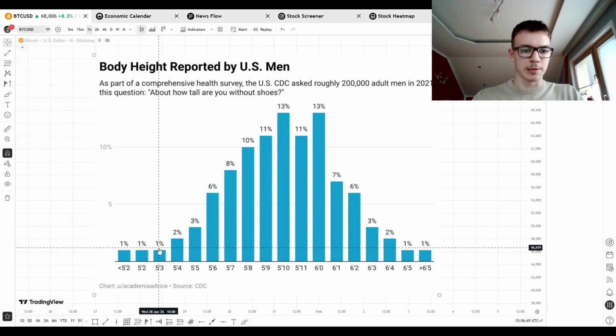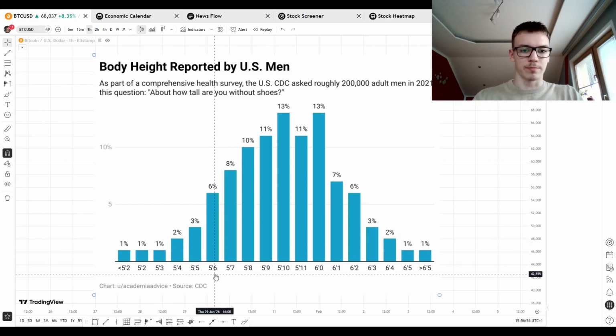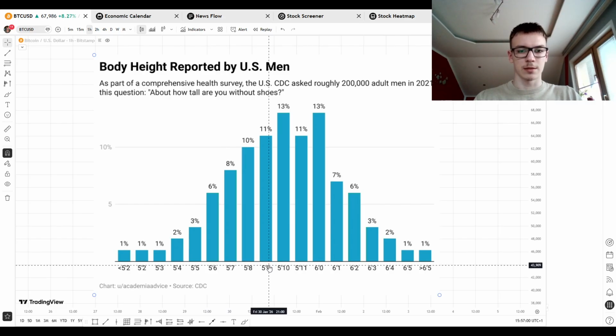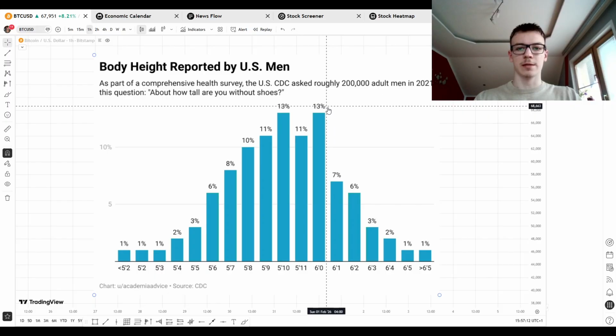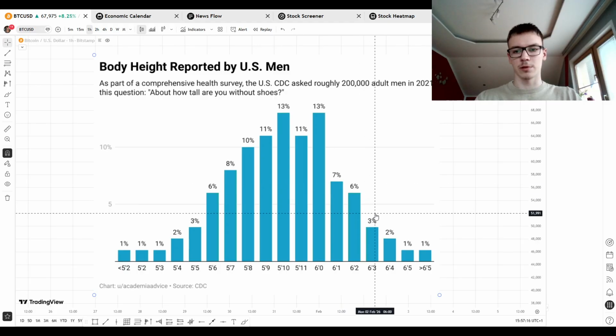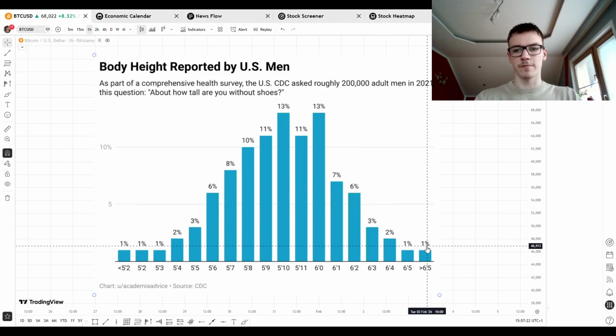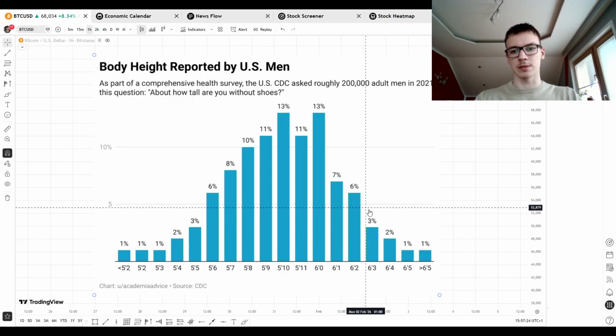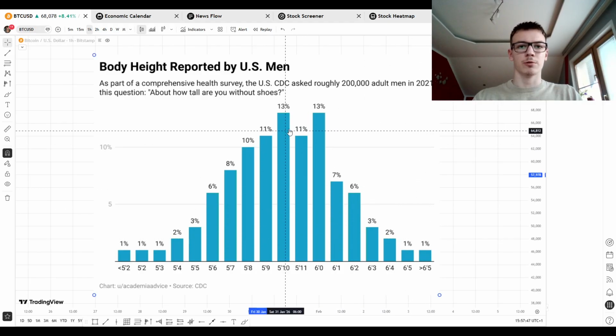In this lower area we have 5.2, 5.3, and as we go up and up, the height starts ascending and we reach the peak where it's like 5.10, 5.11, 6 foot. And then as heights incline even more, you can see that there are fewer males in the US having this height. So it is telling you what is most common.